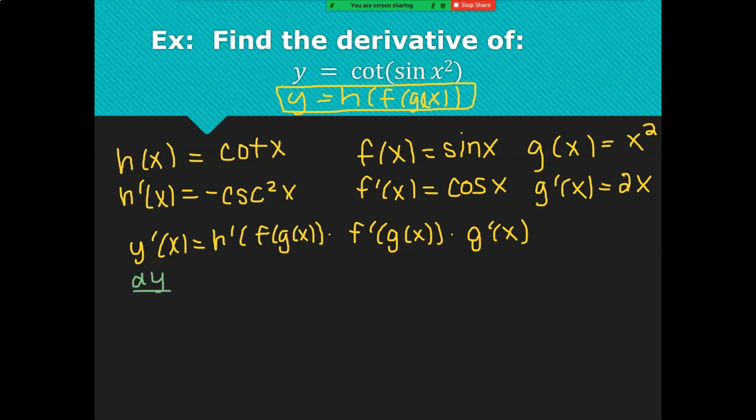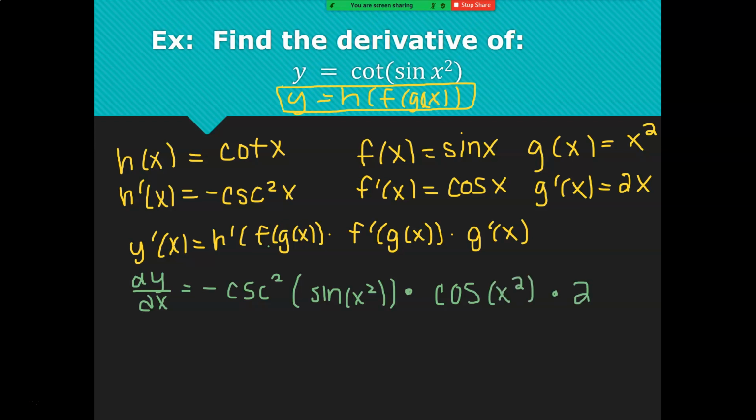So your dy dx is h prime, which is negative cosecant squared f of g, which is sine x squared, times f prime, which is the cosine of g of x, which is x squared, times g prime of x, which is 2x.